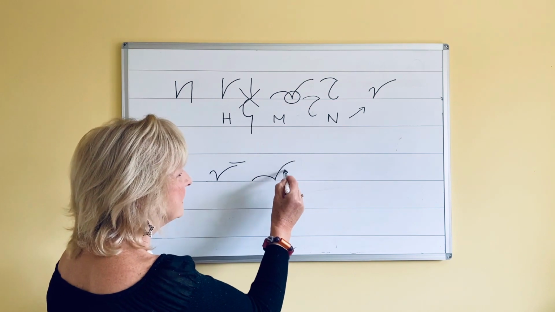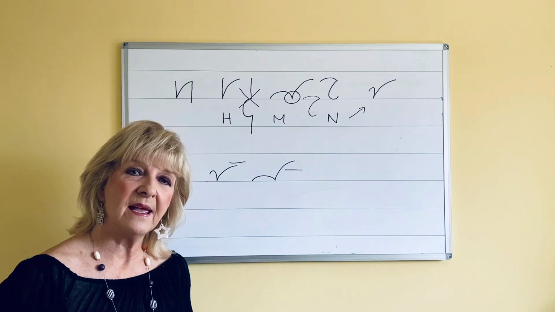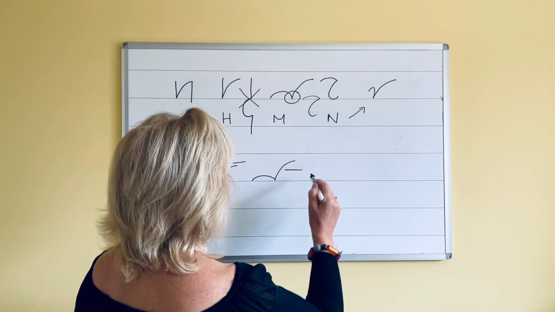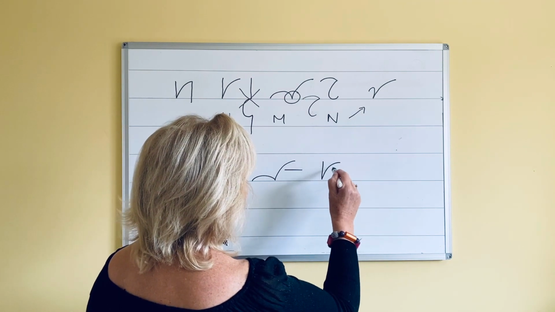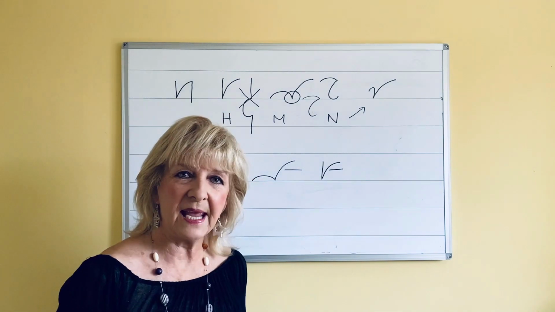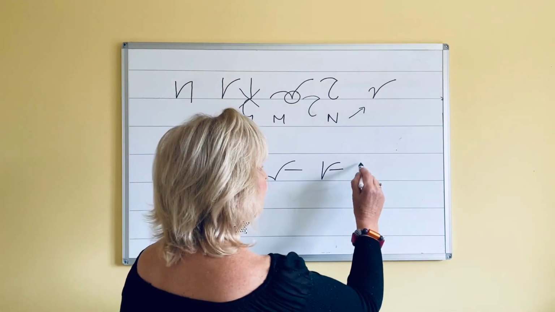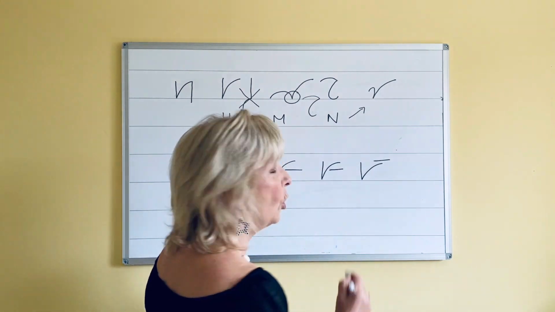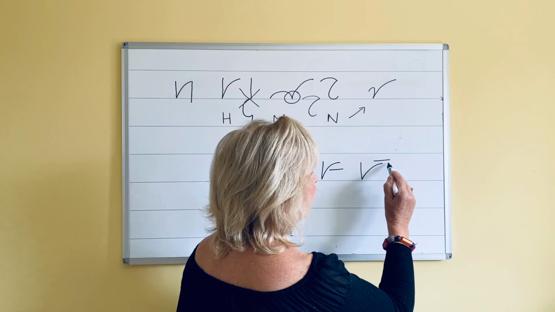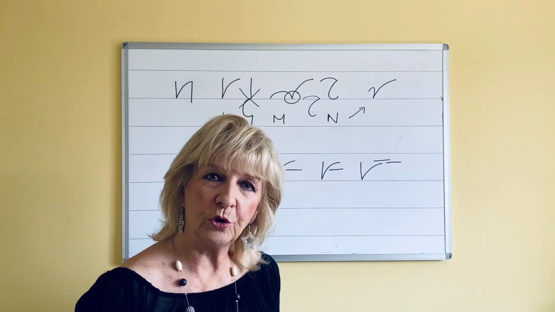M, L, D, that could say mailed. And H, L, D, that could say held. If it was a T, it might say halt. If it was a T and a D, it might say halted.